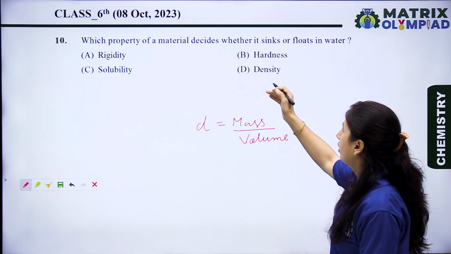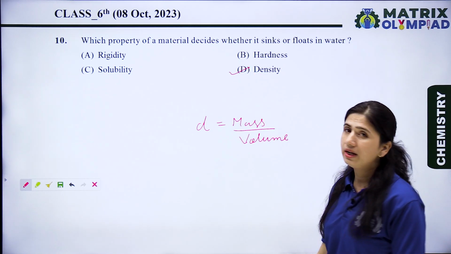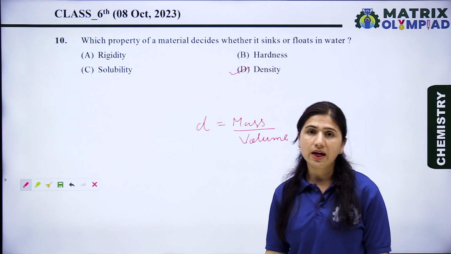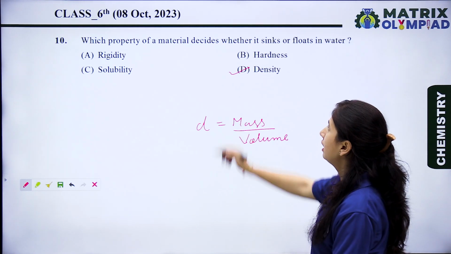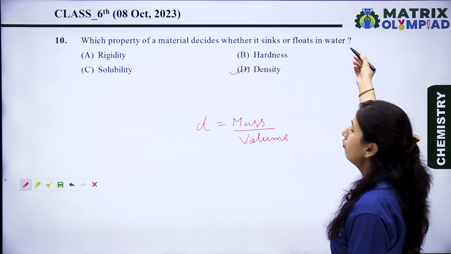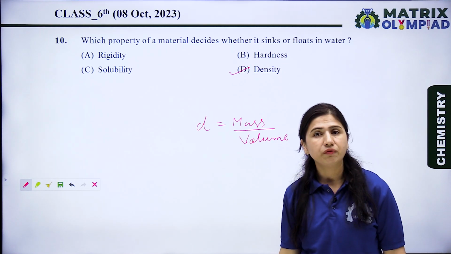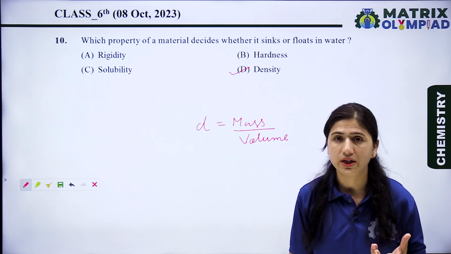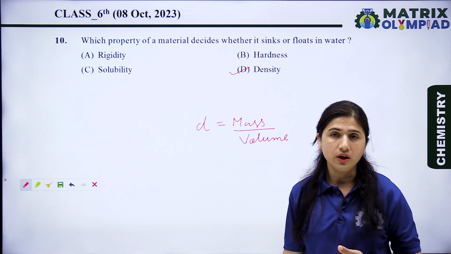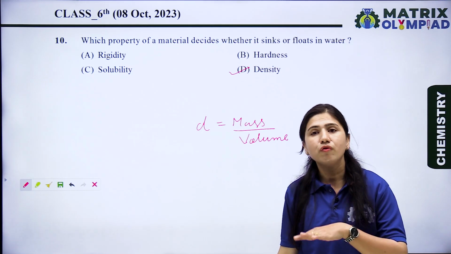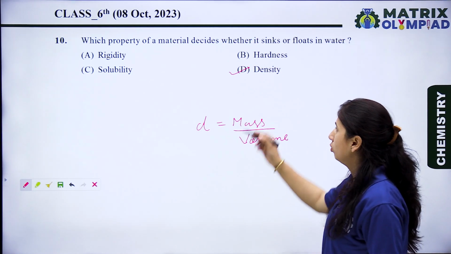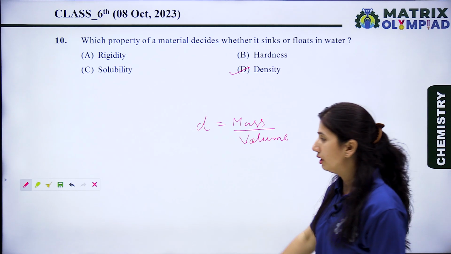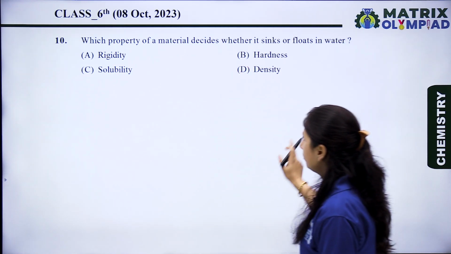So by the density, we can easily identify whether the material sinks or floats in water. If the density of the substance is less than water, then it can easily float on the water. So the right option is D, density.